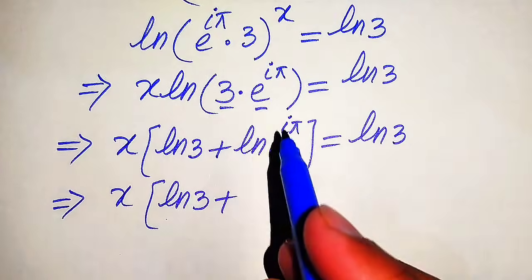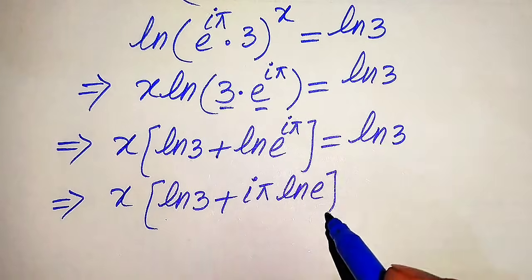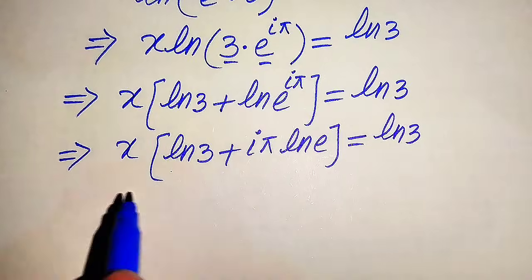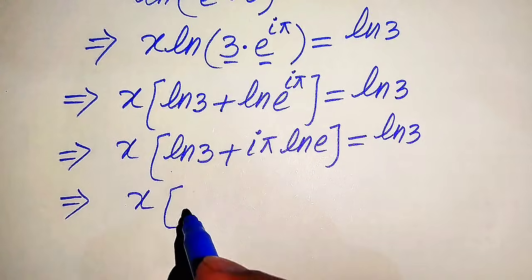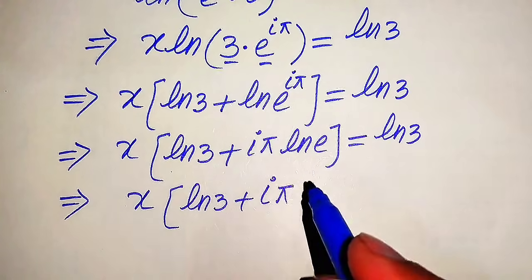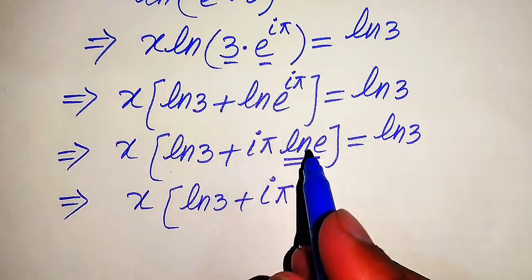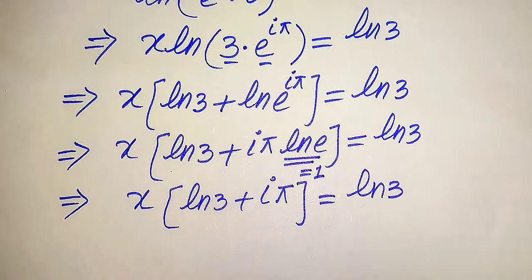We move this iota pi in front of the log, and it becomes iota pi times log of e. You know that log of e is equal to 1, so we replace it with 1, and we have log of 3 plus iota pi, times x, is equal to log of 3.